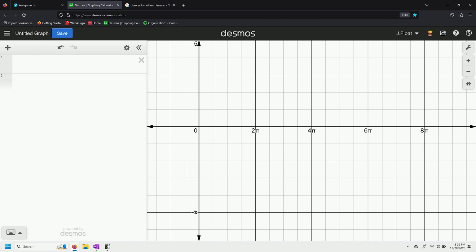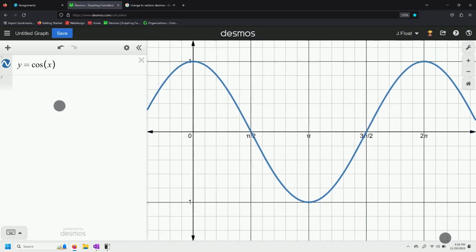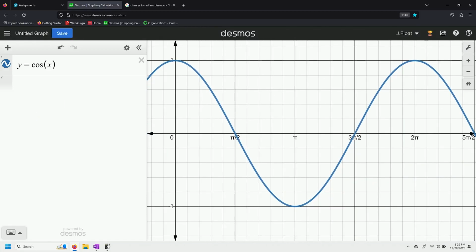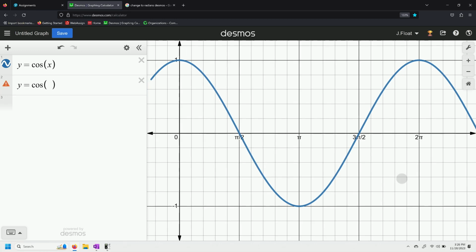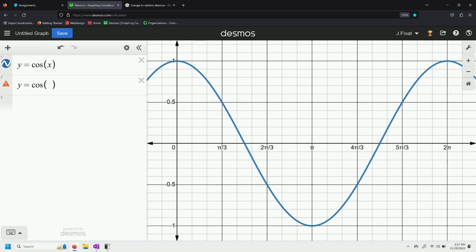First, we'll do the standard y equals cosine x. All right. Oh, that looks nice right there. So notice from 0 to 2 pi, that's one complete period. Now, y equals the cosine of 6x. Remember, we're expecting the same exact shape from 0 to 2 pi, but we're expecting to go from 0 to, what did we calculate again?